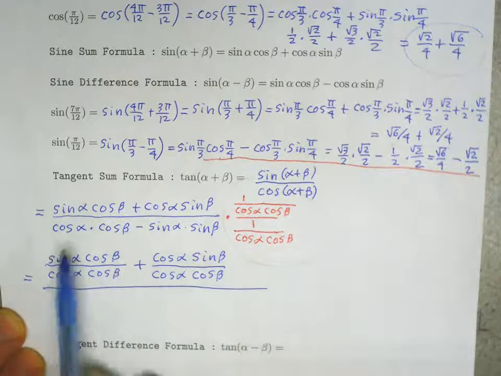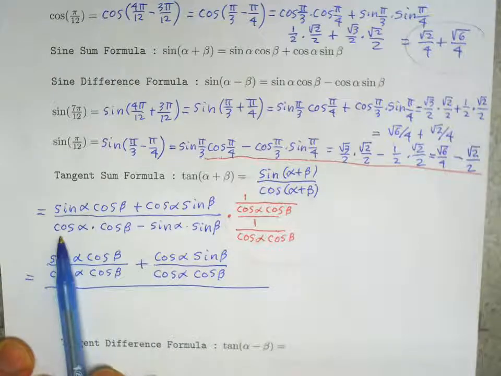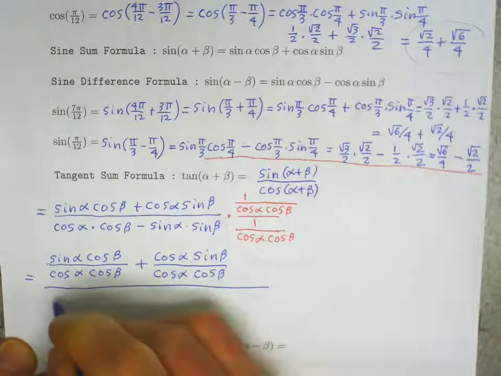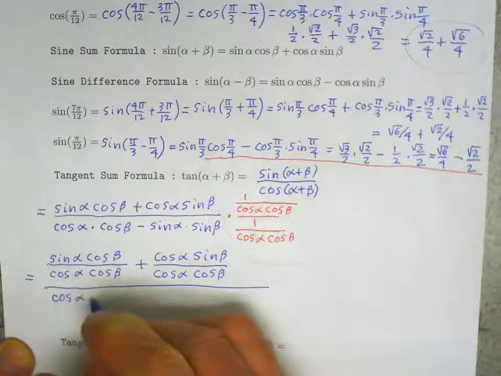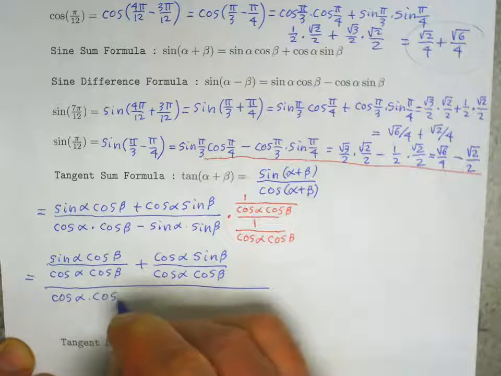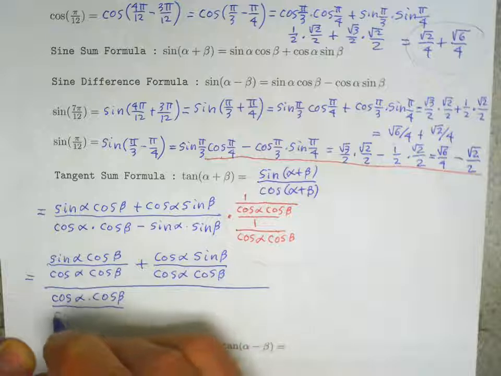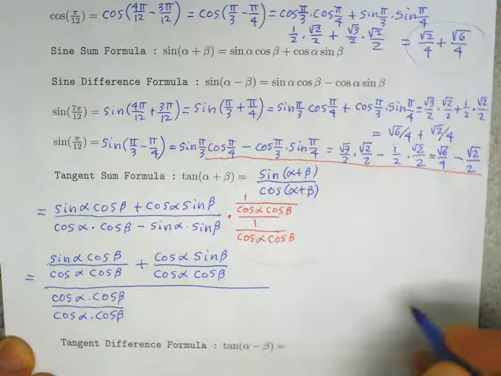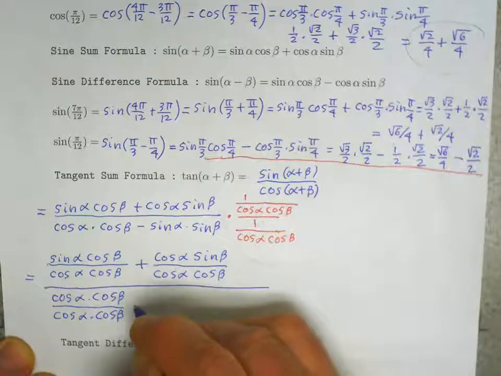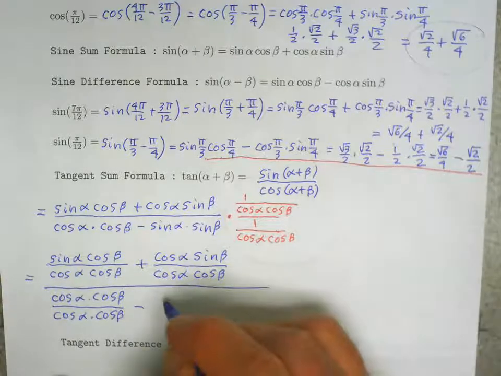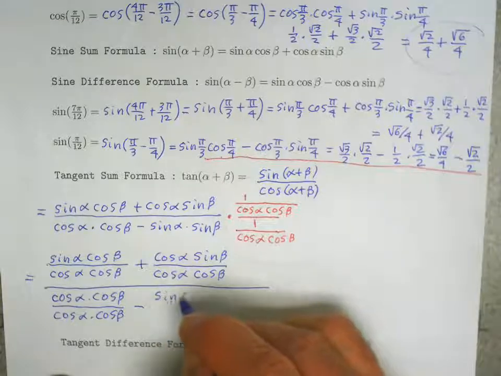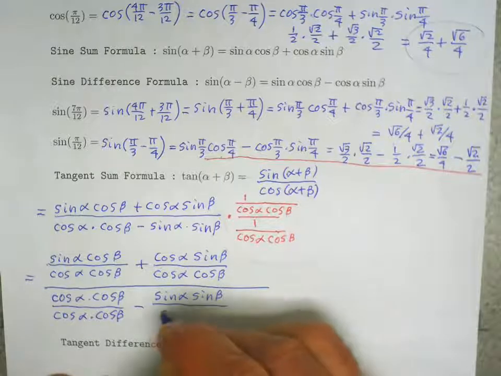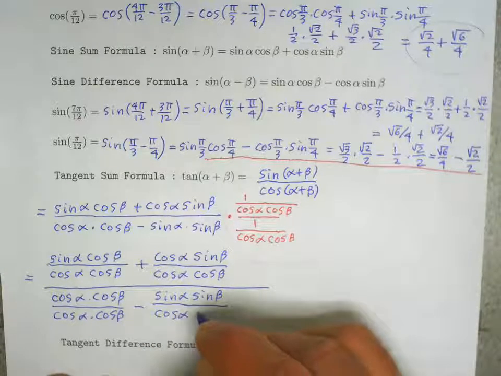And then the same in the denominator. Multiply cosine of alpha times cosine of beta by 1 over cosine of alpha times cosine of beta. We get cosine of alpha times cosine of beta over cosine of alpha times cosine of beta, and then minus sine of alpha times sine of beta over cosine of alpha times cosine of beta.